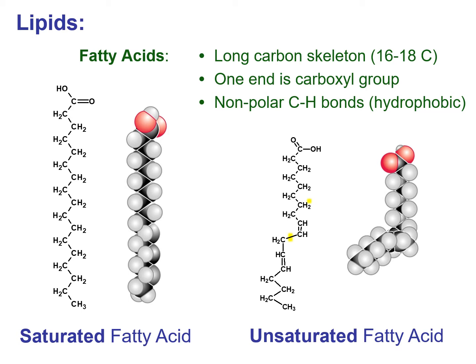Now imagine that we introduce a double bond into the backbone of the fatty acid. In order to introduce a double bond, we have to lose 2 hydrogens. And you can see that the example here has 2 double bonds within the carbon backbone. And in each occurrence where we have a double bond, we're missing 2 hydrogens. What this does is it causes the chain to kink.